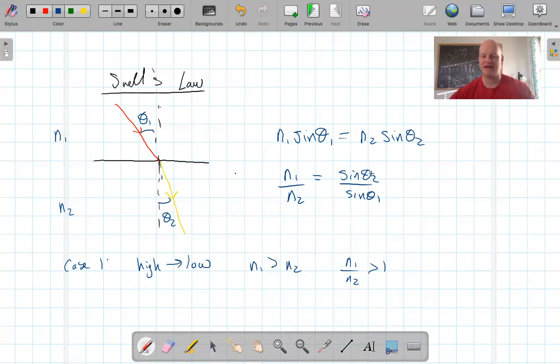So that means then that what? To have this bigger than 1, what has to be true? So we know sine of 90 is equal to 1.